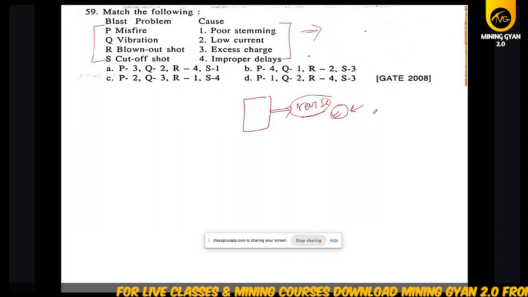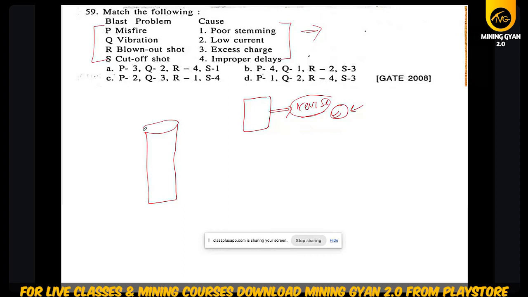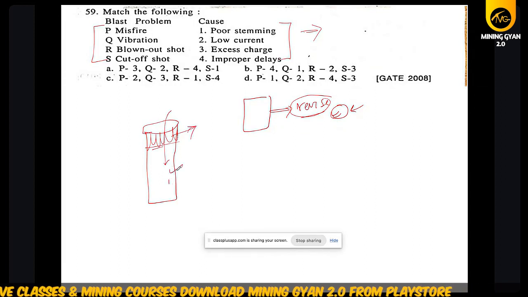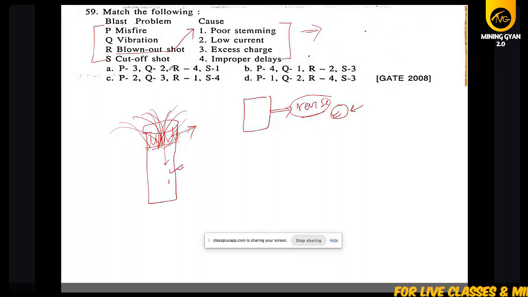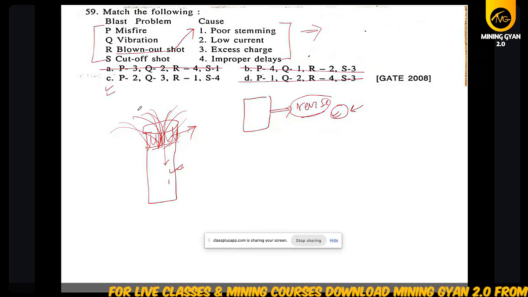Okay, this is your hole. So when you put explosive in it, and if you do not do proper stemming, then when we blast, it will blow out, मतलब कि stem फिक जाएगा. So blown out due to poor stemming. If you try to eliminate the options, you will only have one choice.